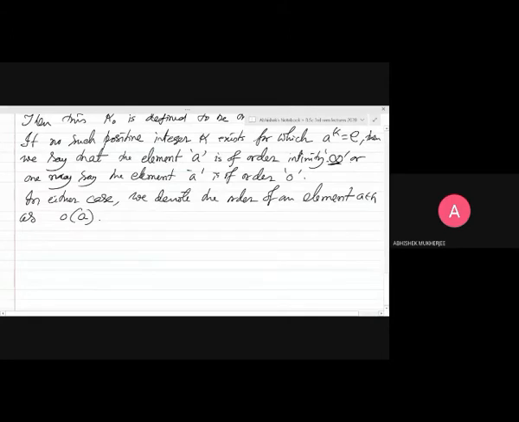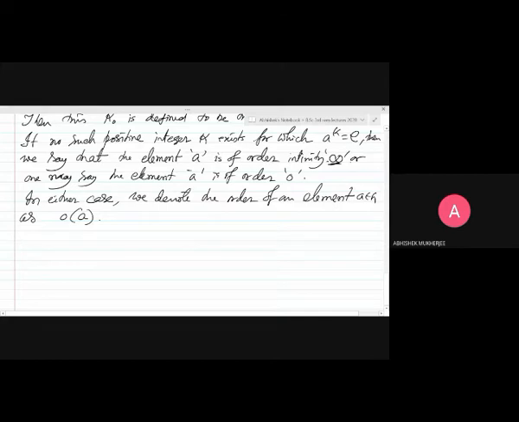Now do not dilute the cases. That means the order of a group and the order of an element. Don't mess it up. The order of a group is the cardinality of the group.